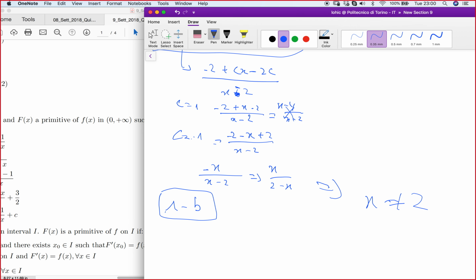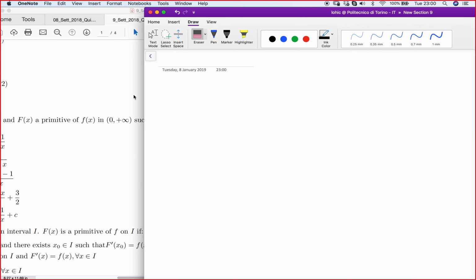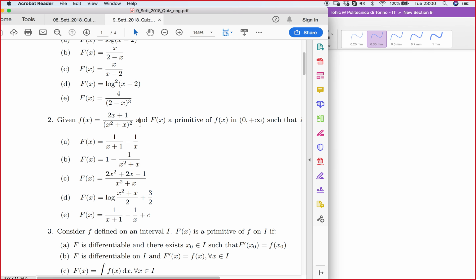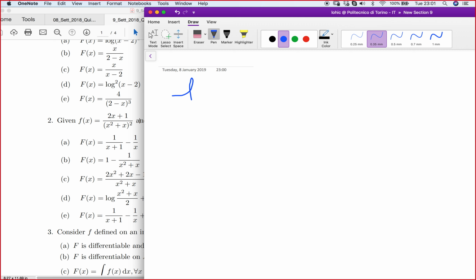So let me clean the board and take a new one. So what is the function? The function is f of x equal to 2x plus 1 over x squared plus x, whole square.